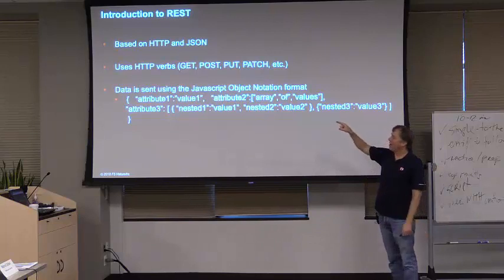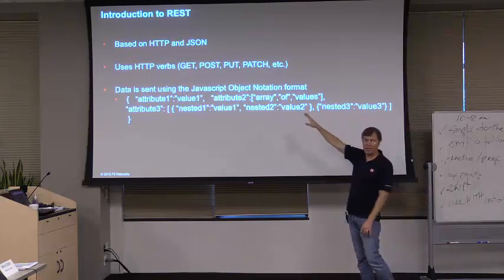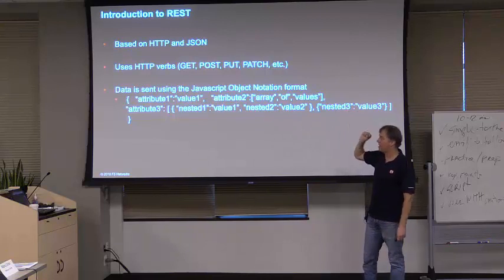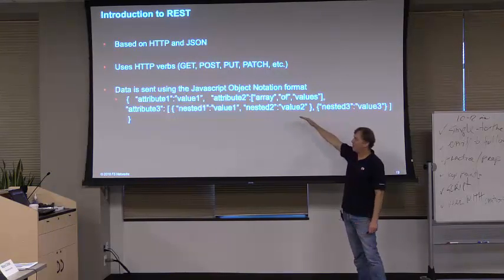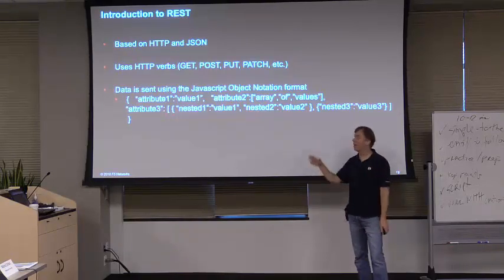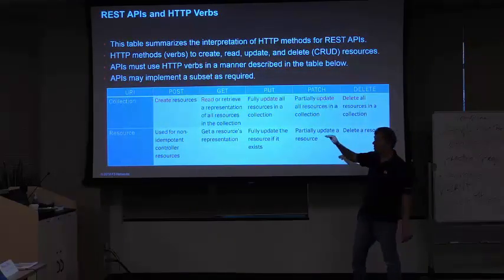When you're talking about REST, it's based on HTTP and JSON. It uses a lot of the same traditional HTTP verbs like GET, POST, PUT, PATCH as an example. And then there's attributes and values that you're going to enter into the REST API call that you make. Okay? Here's a couple things that we need to talk about.